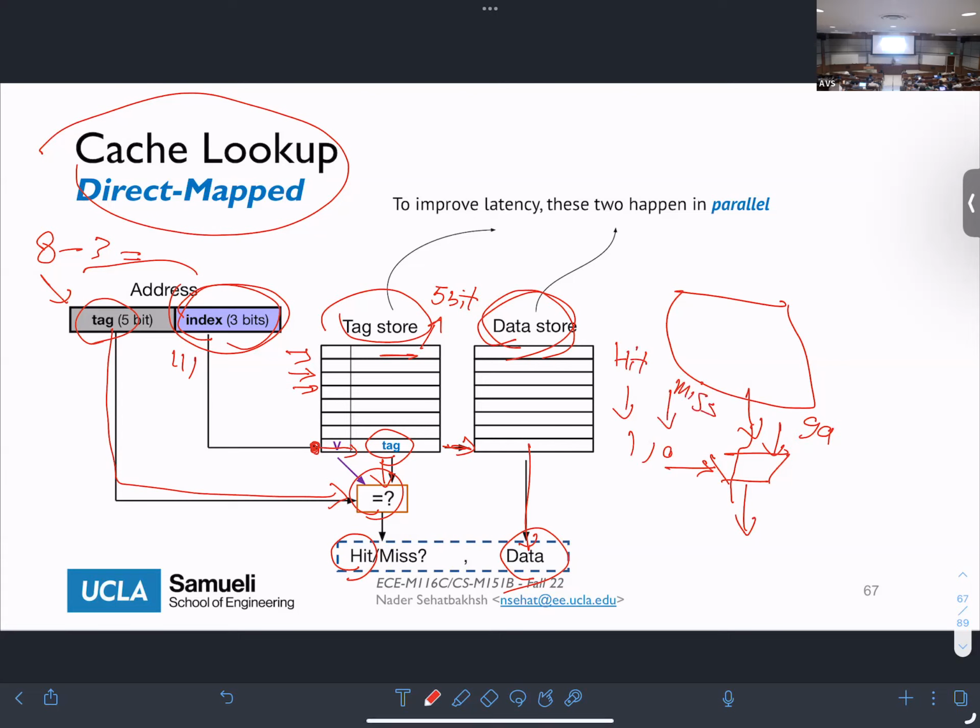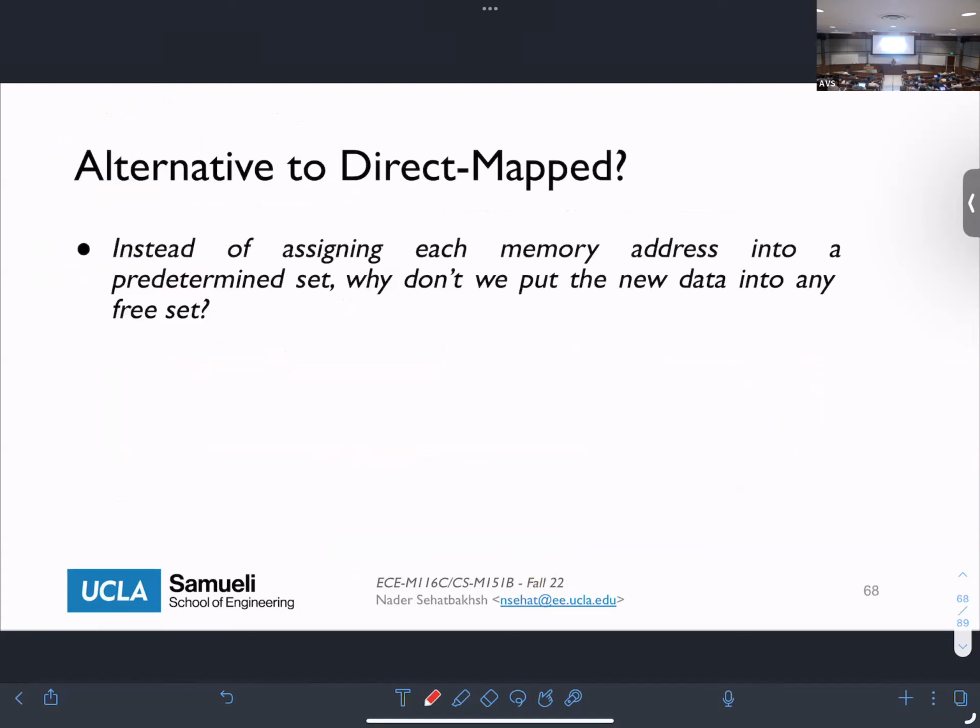Does that make sense? So we don't serialize this. We read both at the same time, so our lookup and our reading happen in exactly the same amount of time. That's why the hit time is basically our search time. If our search time is fast, our hit time is also fast. Okay, all right. So we'll talk about the rest, the alternatives to direct maps, next time.